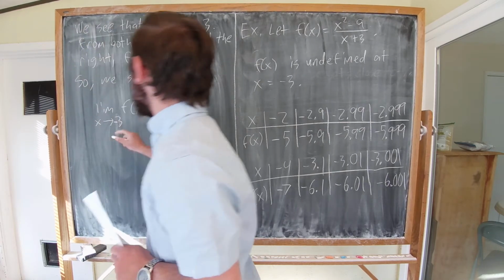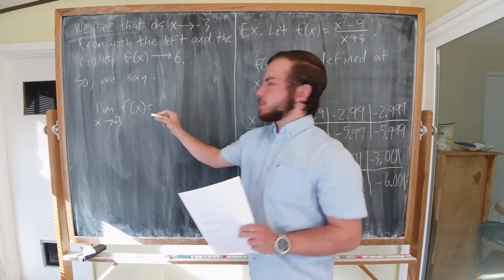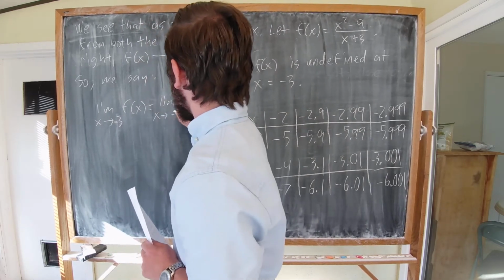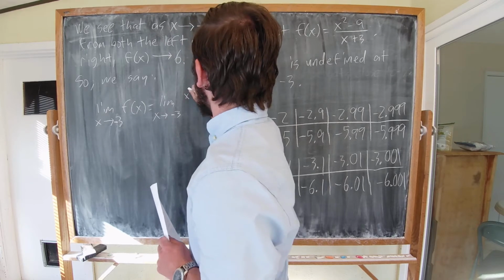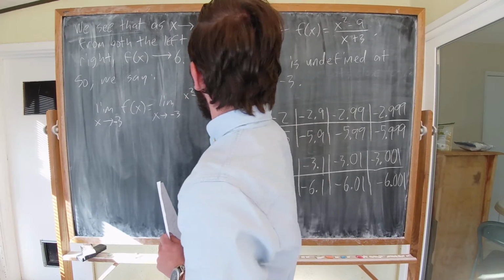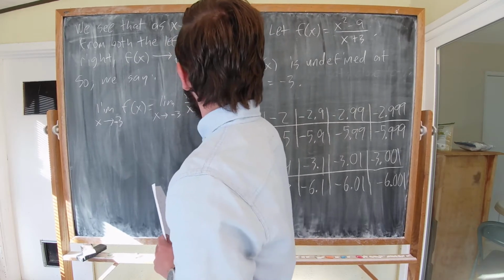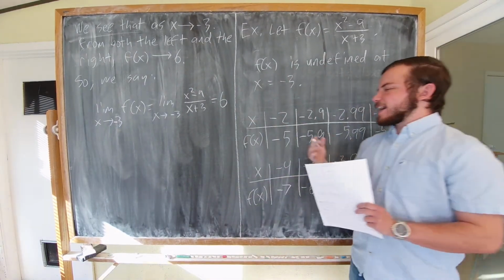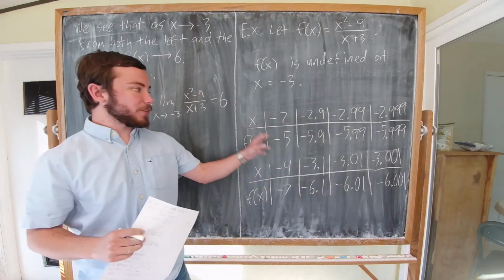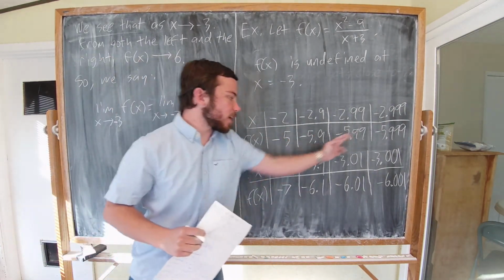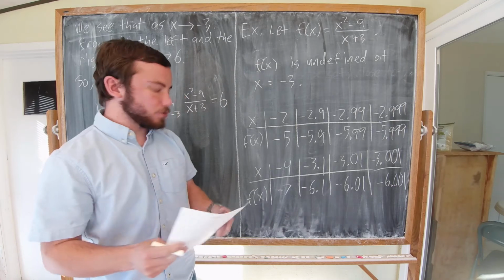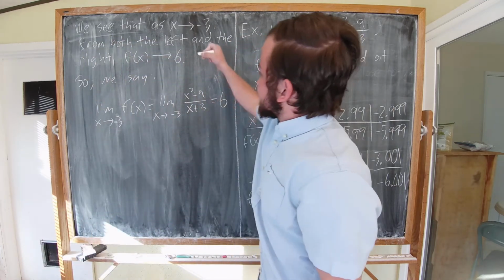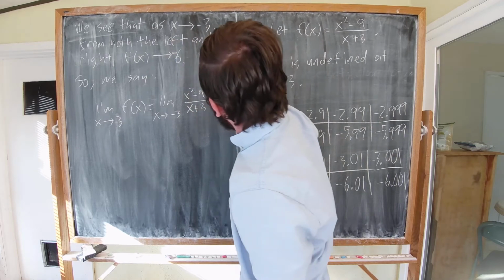So the limit as x goes to negative 3 of x squared minus 9 over x plus 3, and that's going to be 6, positive. Because as x got really, really close to negative 3 from both the left and the right, f of x got closer and closer to negative 6. Should have been negative 6 all along.